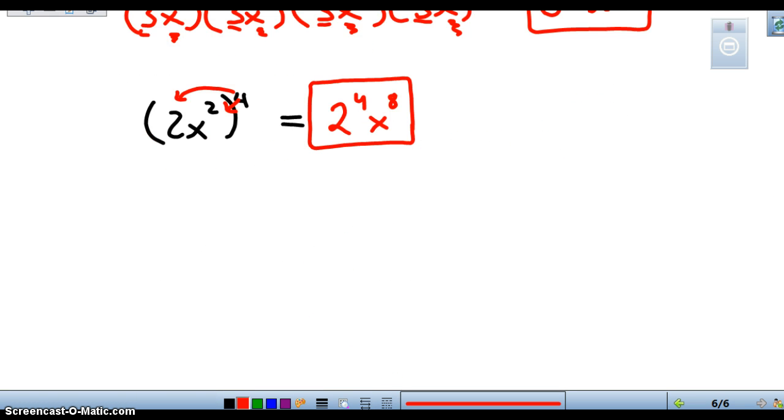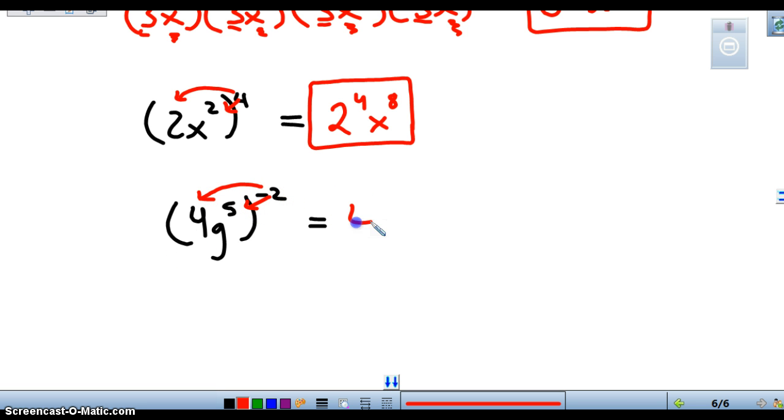So let's say we have 4g to the fifth raised to the negative 2 power. What do we have to do here? We have to distribute the outside exponent.